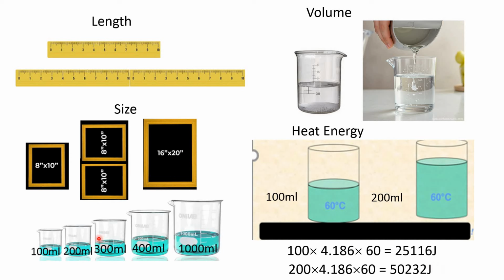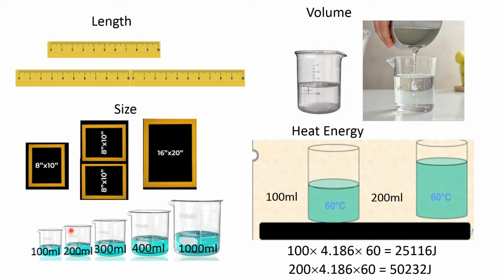Now coming to this one. See, here we have taken 100 milliliter water in this beaker, in the next beaker 200, the third beaker 300, fourth beaker 400 milliliter. Not water, sorry, some other liquid.